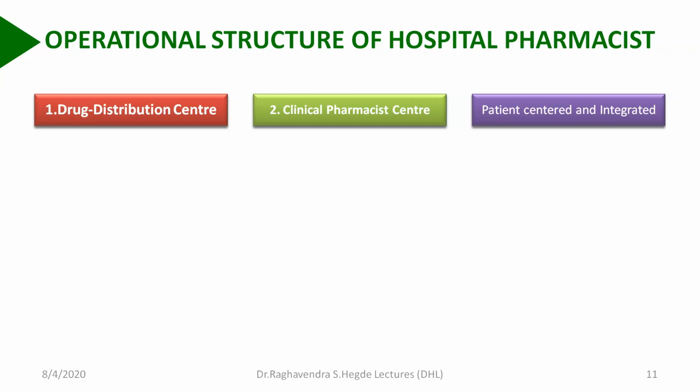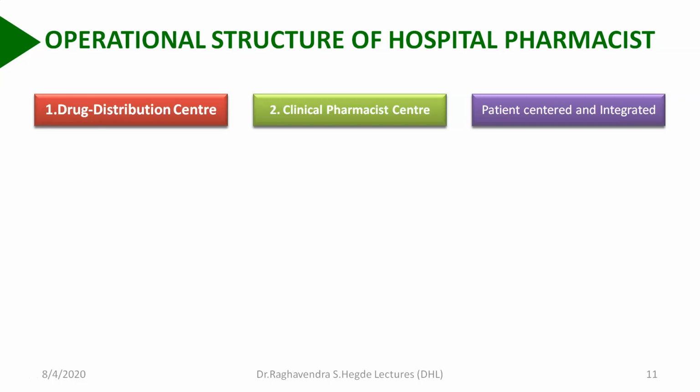These are the three major areas of the operational structure of hospital pharmacists. Always do remember these.